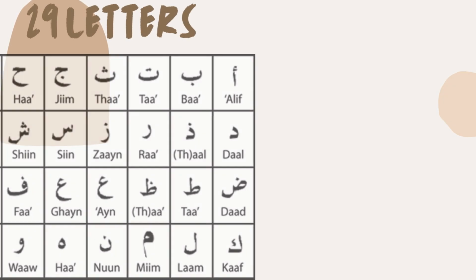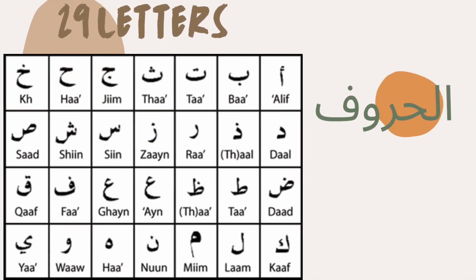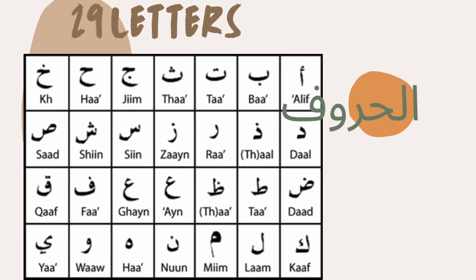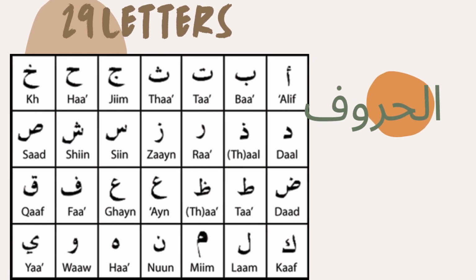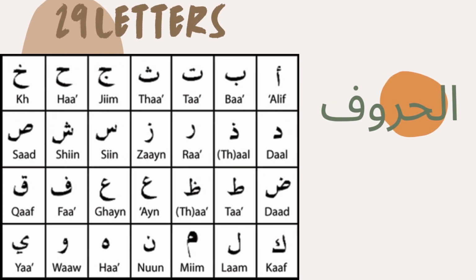Okay, so the first thing we need to learn is that we have 29 letters in the Arabic alphabet. Some of them are similar to the pronunciation we have in English or Latin languages, and some of them are unique and maybe a bit different or difficult for even some.